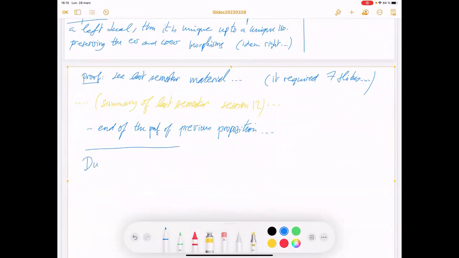So now we will define the notion of dual of a morphism.